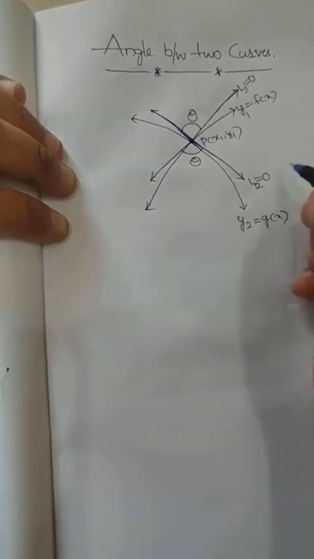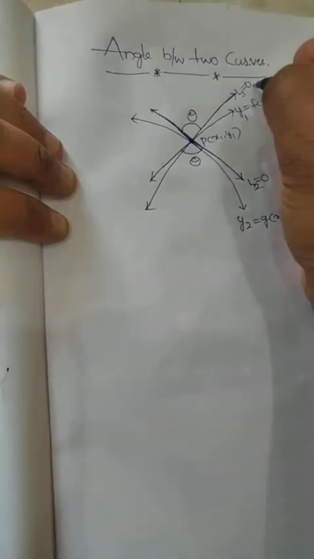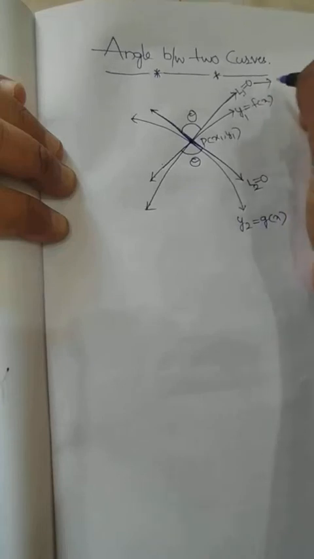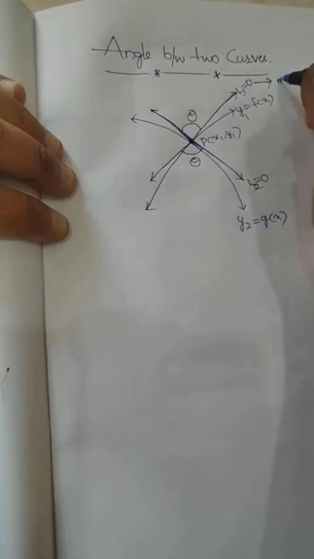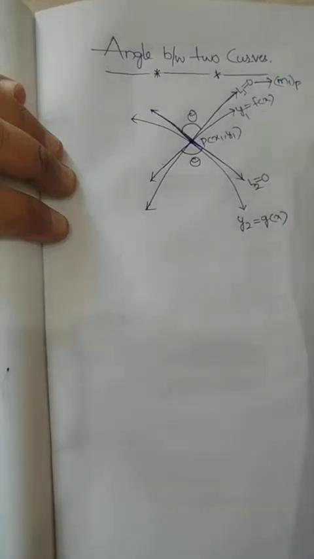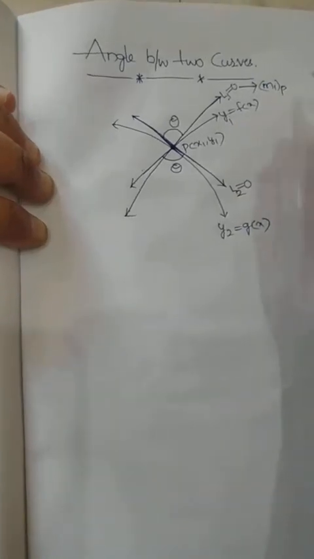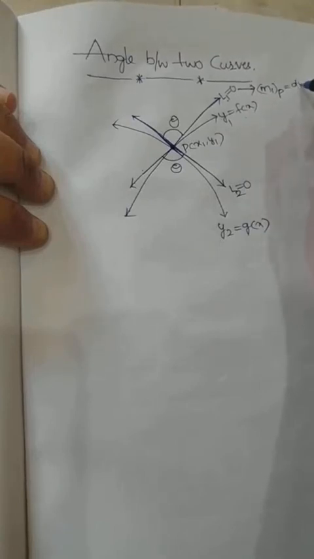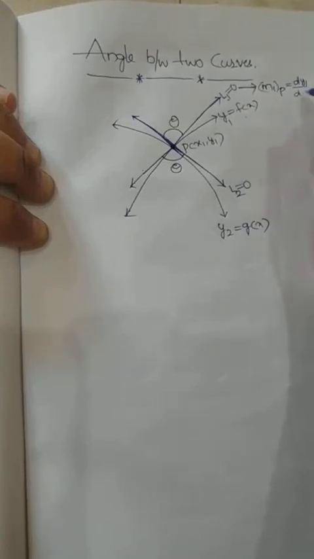For that, the slope of the tangent line L1 is equal to 0. M1 at P, I could get this by dy1 by dx at P. Are you following or not?